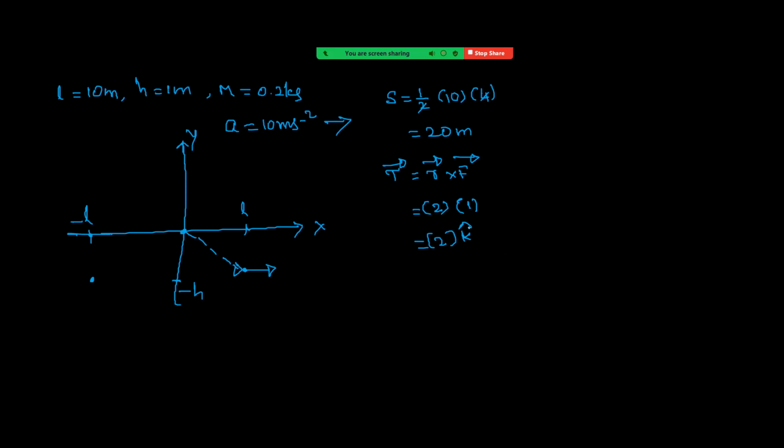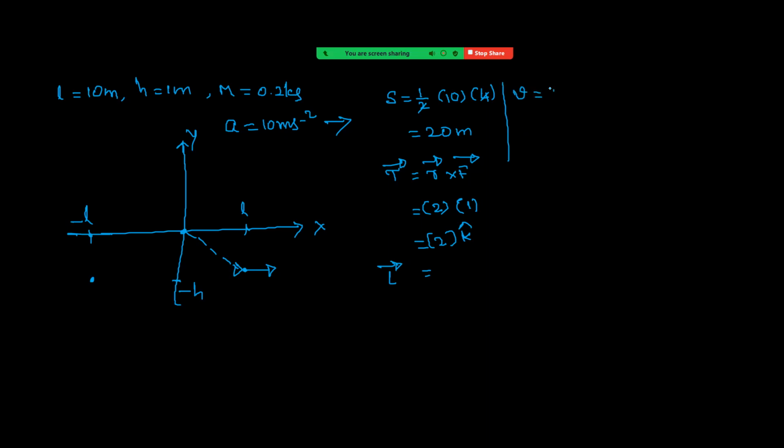Next, we are focusing on angular momentum. Again, same thing: L bar equal to R bar cross P bar. Again, I'm taking the modulus values directly. First focus on M into V, starting from rest.